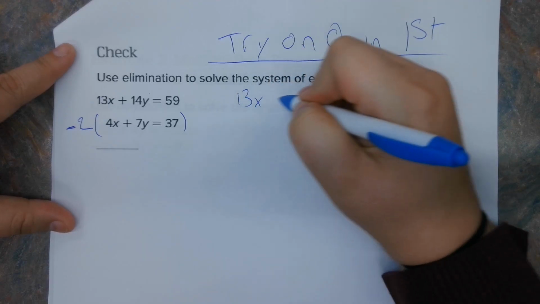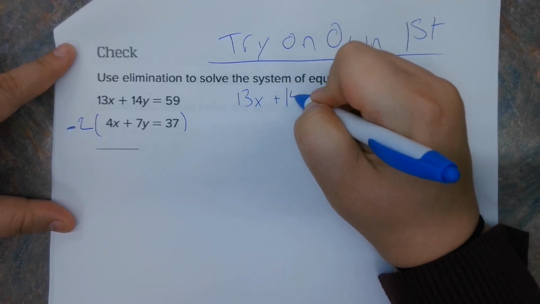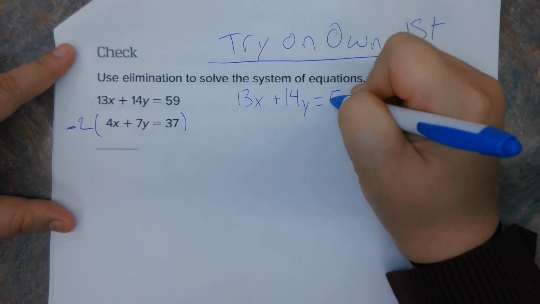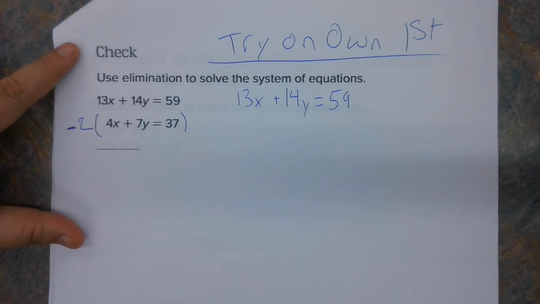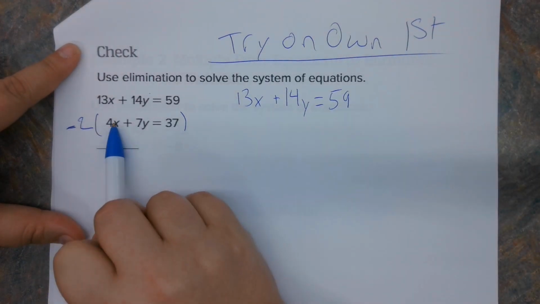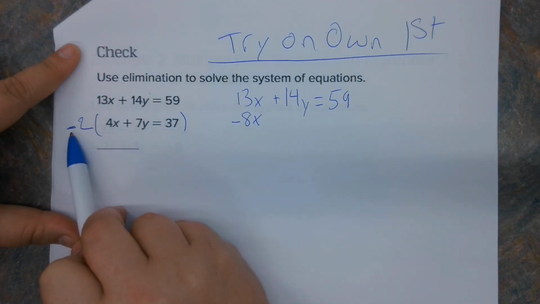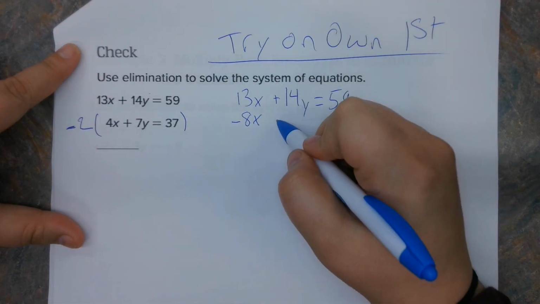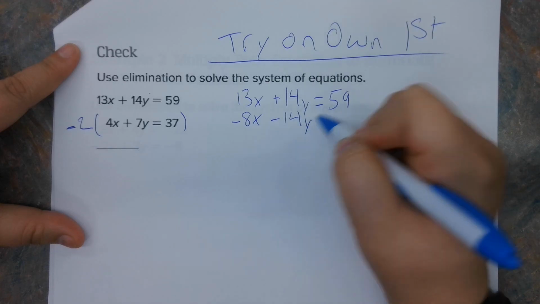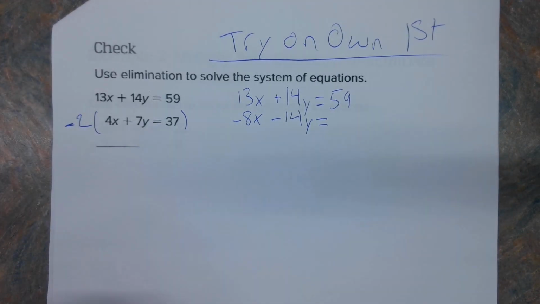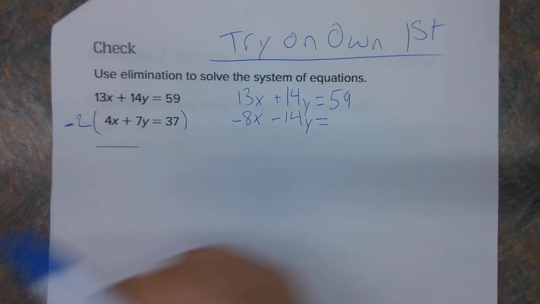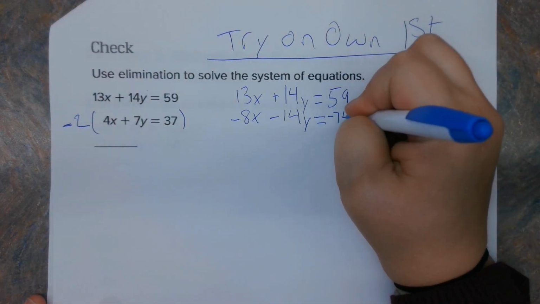I've got 13x plus 14y equals 59. That one's staying the same. Distribute. Negative 2 times 4x is negative 8x. Negative 2 times positive 7y is negative 14y. And then negative 2 times 37, I don't know that by heart, is negative 74.